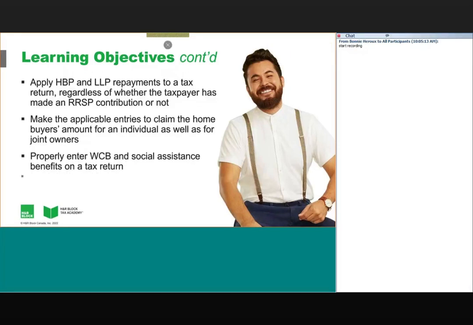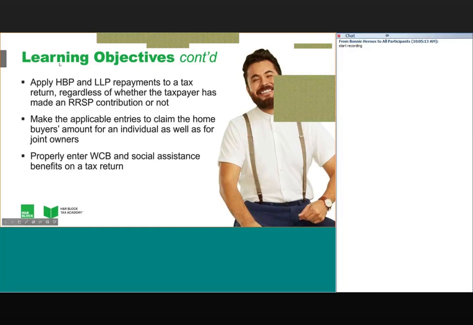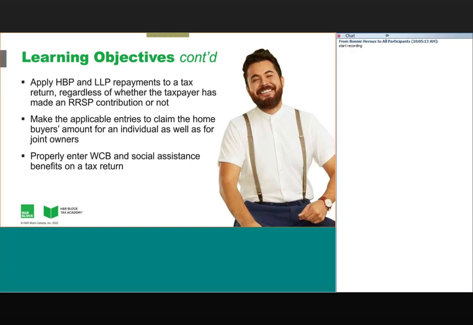We're also going to apply the home buyer and lifelong learning to a tax return regardless of whether the taxpayer made an RSP contribution or not. We're also going to show how to make the applicable entries to claim the home buyer amount for an individual as well as for joint owners. And we'll learn how to properly enter workman's compensation benefit and social assistance benefit on a tax return.